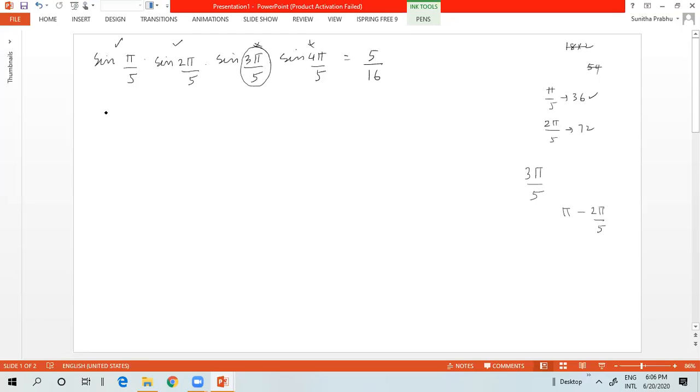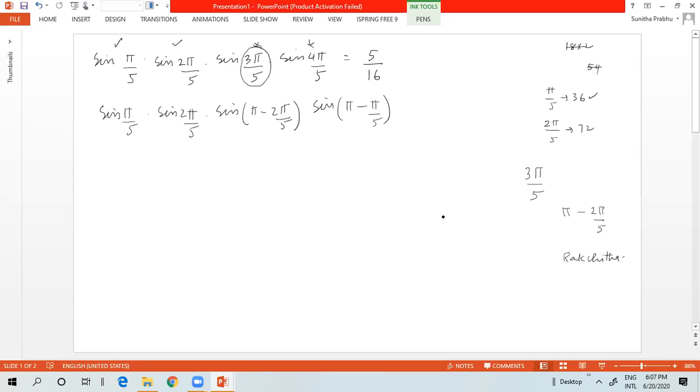Is it okay? So I'll write this as sine pi by 5, sine 2 pi by 5, into sine of pi minus 2 pi by 5, because we have an identity for 180 minus theta. What about 4 pi by 5? So pi minus pi by 5. Rakshita, are you okay with this?